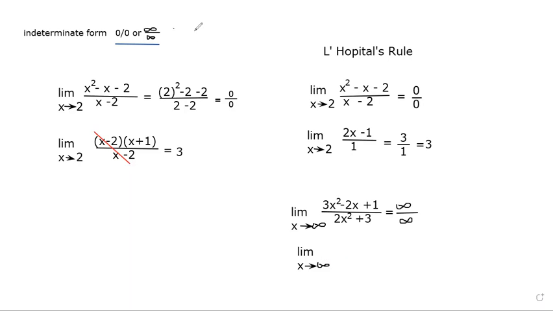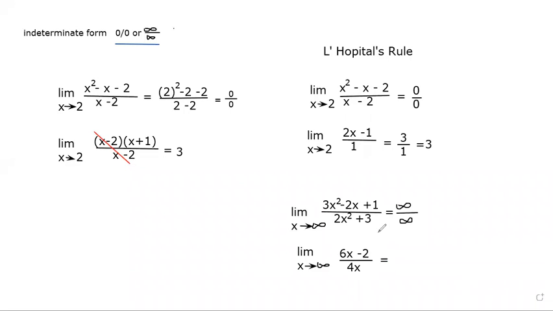So the derivative of the numerator here, 3x squared minus 2x plus 1, is going to give us 6x minus 2. The derivative of the denominator is going to be 4x. But now what happens? If we plugged in infinity, once again, we would get infinity over infinity.